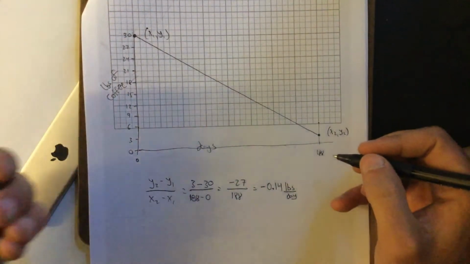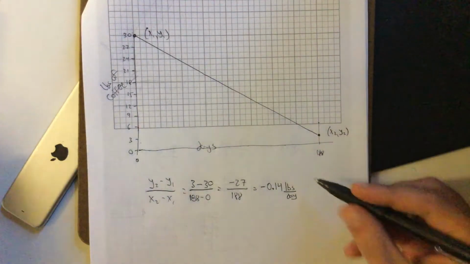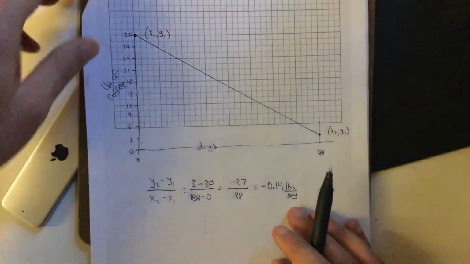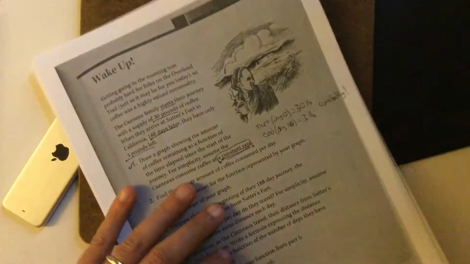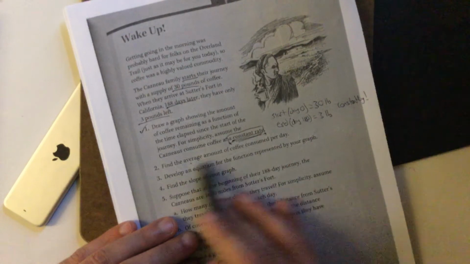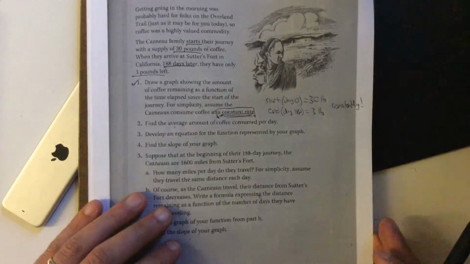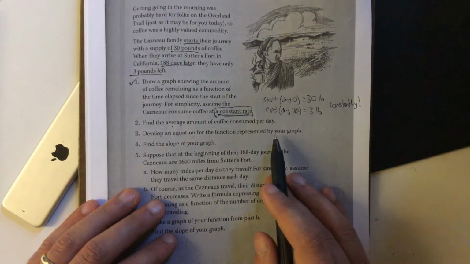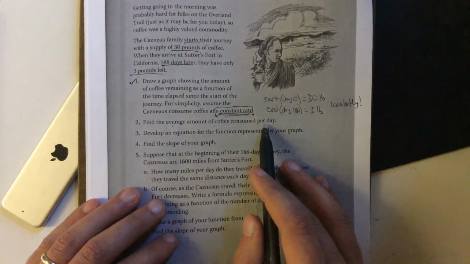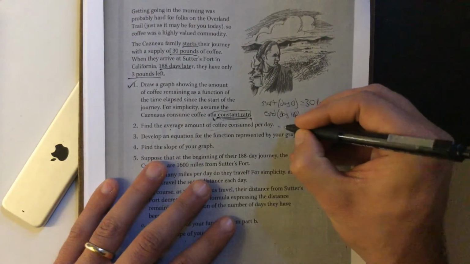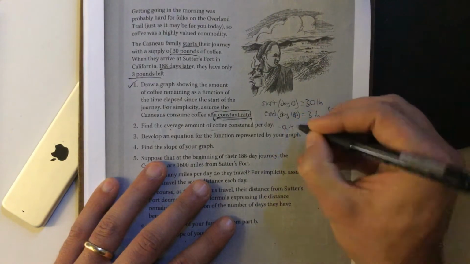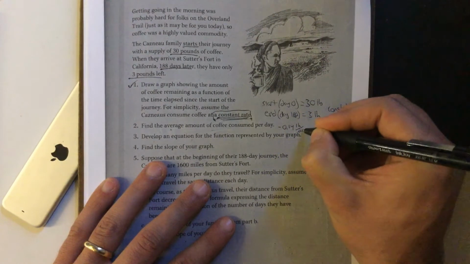So 0.14 pounds of coffee per day is how much the Krasnow family loses. Okay, so develop an equation, find and imagine, blah, blah, blah. Okay, so that was negative 0.14, which is pounds per day.